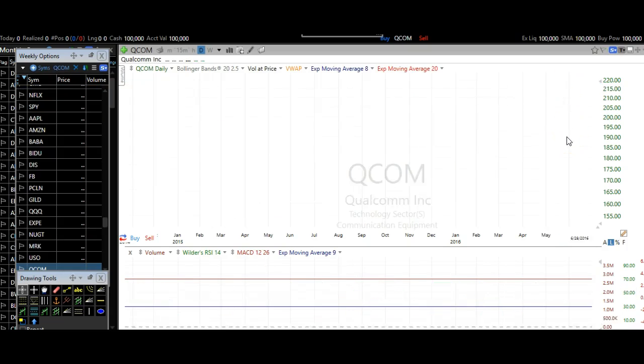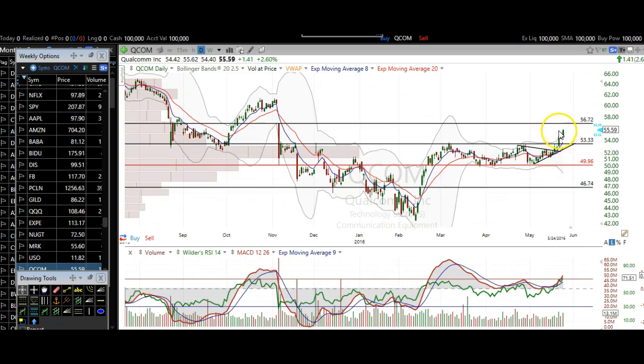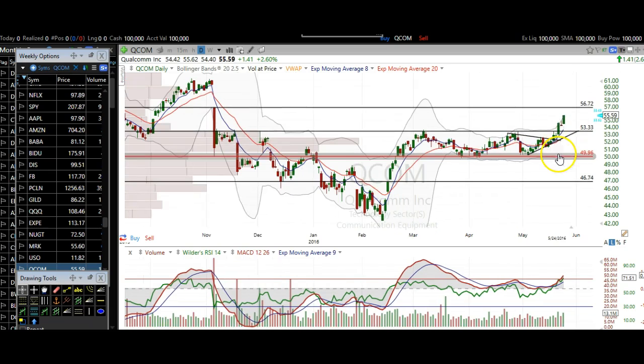Next, I want to cover Qualcomm. We got long last week on this bullish break of this key resistance. As you can see, it was resistance since November of last year, 2015. We've got 5 or 6 touches here, touch here, touch here, touch here, and a rejection here, and then it finally broke over it right here.